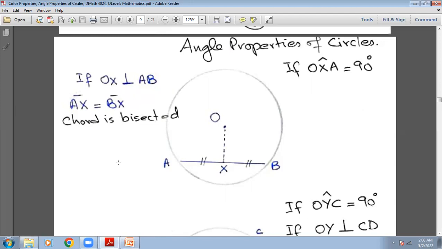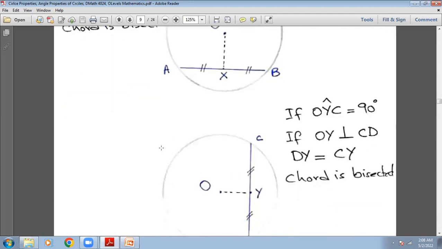Bisected means that the chord will be divided into two equal parts. So if OX is perpendicular to AB, where OX is the line segment from the center and AB is basically a chord, then the chord will be bisected. The chord will be divided into two equal portions.